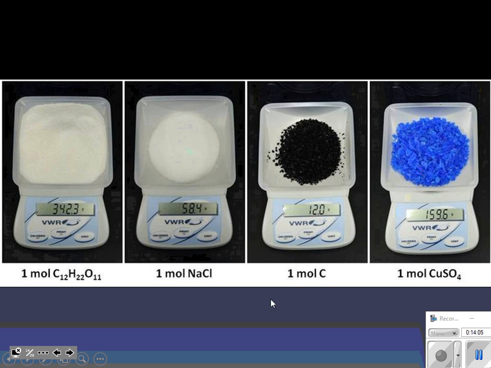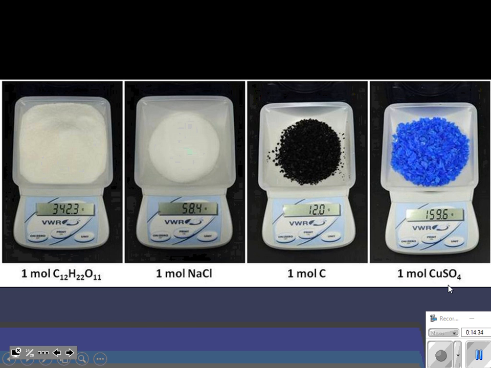Here we have some different substances. I believe this one is sucrose. 1 mole of sucrose in my measuring dish. 342.3 grams. 1 mole of sodium chloride. 58.4 grams. 1 mole of carbon we already talked about. 1 mole of copper 2 sulfate.